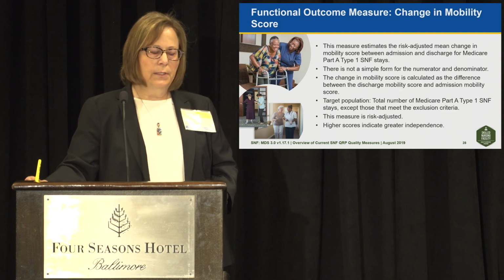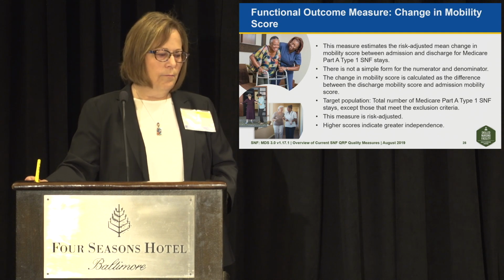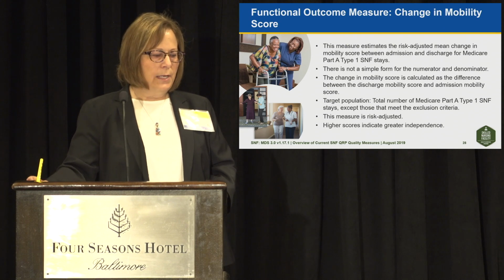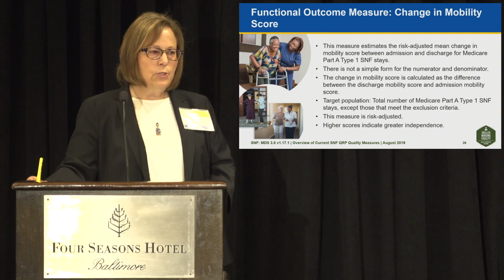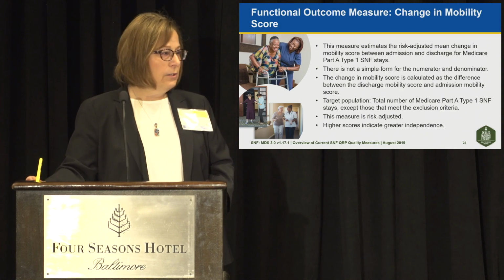The change in mobility score is calculated as the difference between the discharge mobility score and the admission mobility score. Once again, the target population is the total number of Medicare Part A type SNF stays, except those that are excluded. The measure is risk adjusted, and higher scores indicate greater independence.